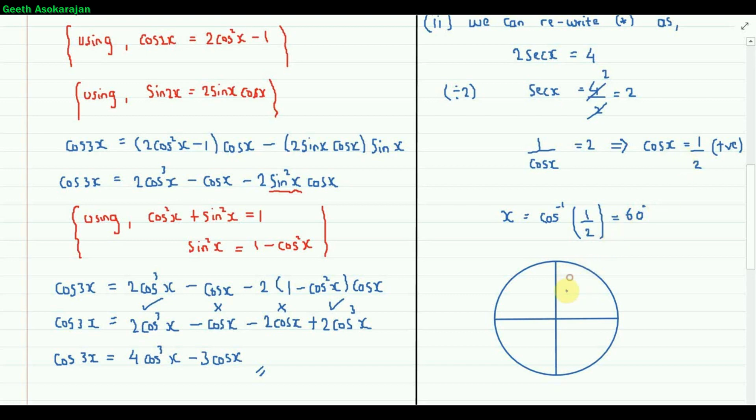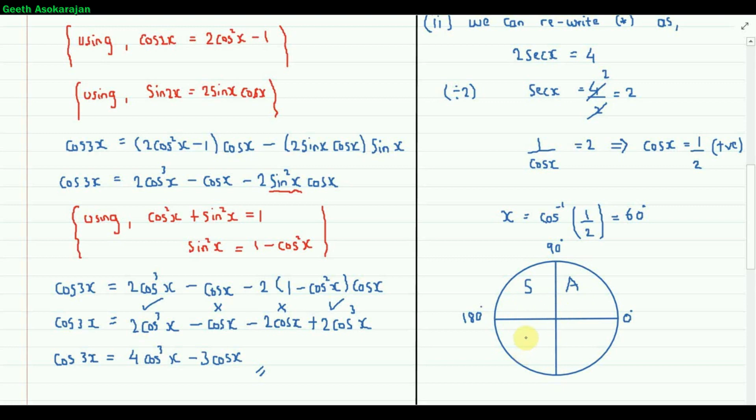Now in this CAST diagram, we label the first quadrant A, as sine, cos and tan of any angle between 0 degrees here and 90 degrees here is positive. We label the second quadrant S because between 90 and 180 only sine is positive, cos and tan are negative.